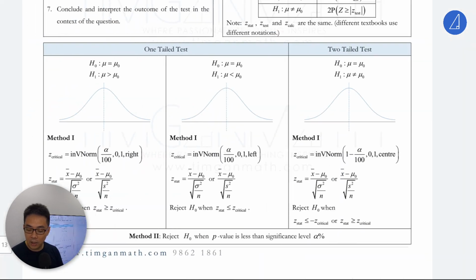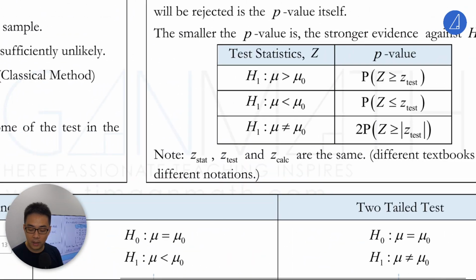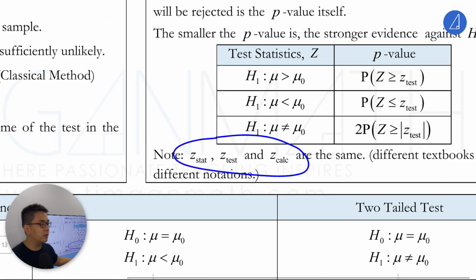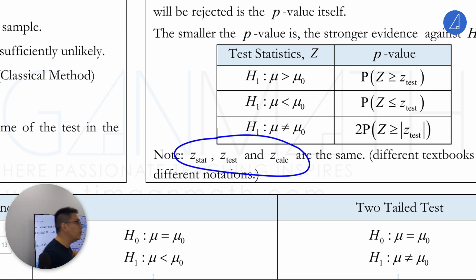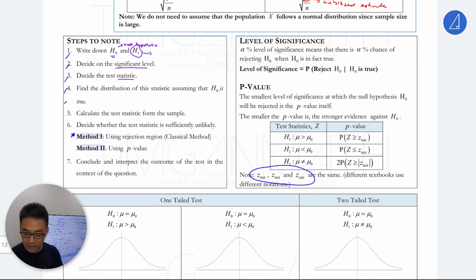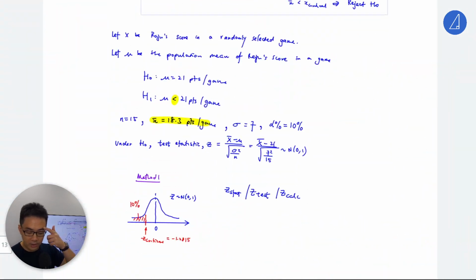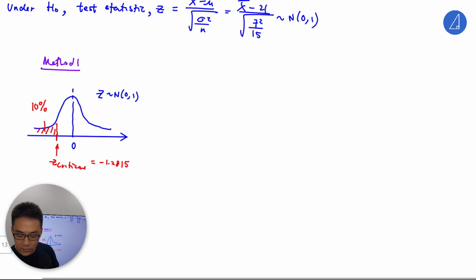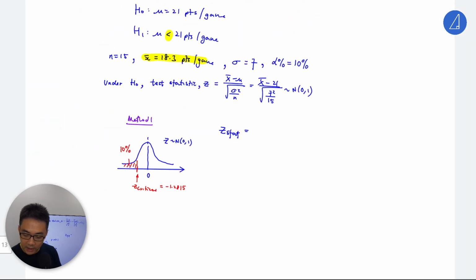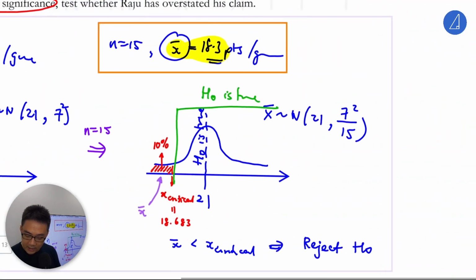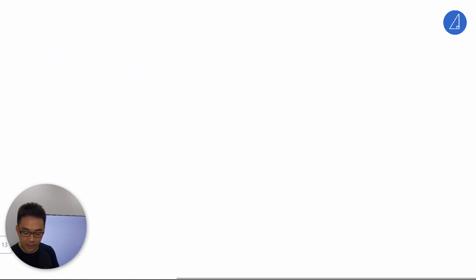Any of these are the same. If you look at other people's school notes and see this, they all mean the same. I usually just write Z-stat because it's easy. So Z-stat is basically this X bar here, which you want to compare on the standard curve.